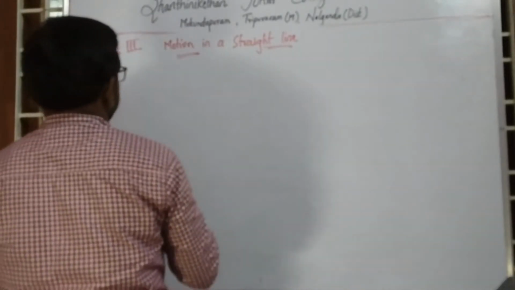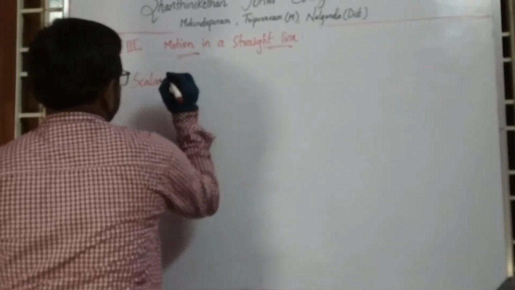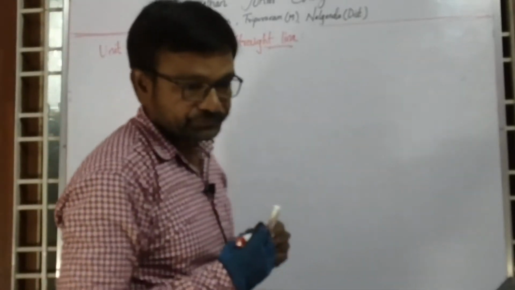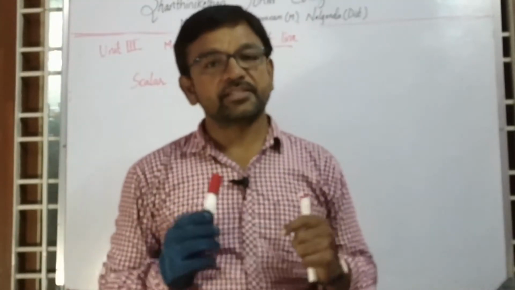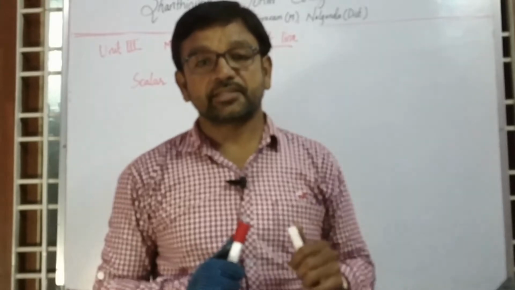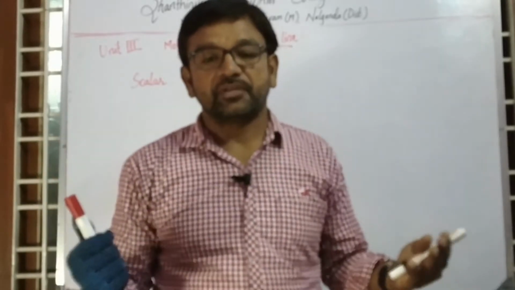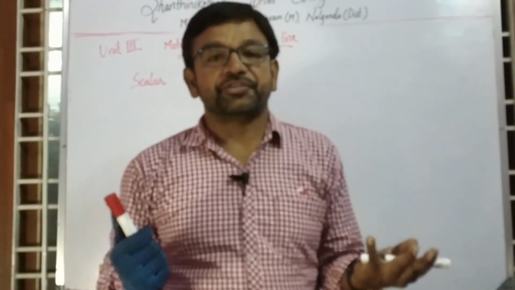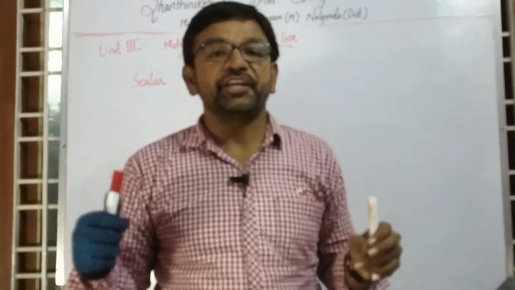First one is scalar. We should know what a scalar is. A scalar is a quantity which has no direction, but it maintains some magnitude. It does not maintain any direction.